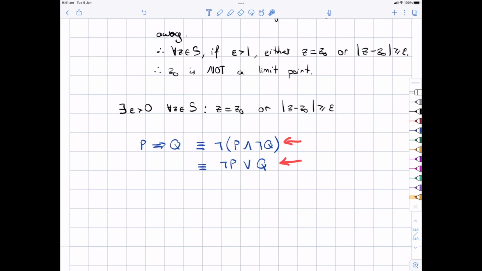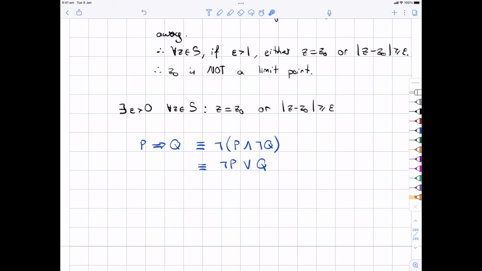This is a really useful thing to know, especially if you have to take the negation of an implication. The negation of an implication is negating this or negating this. Okay, so that's quite important to know.